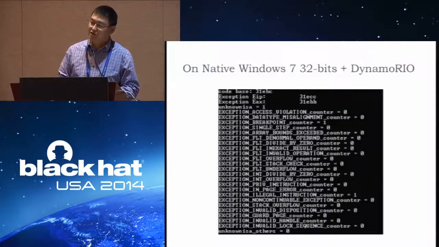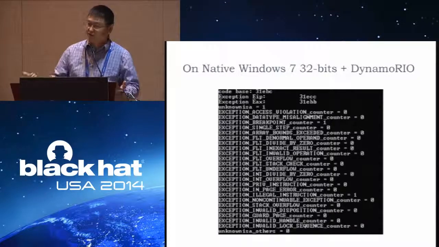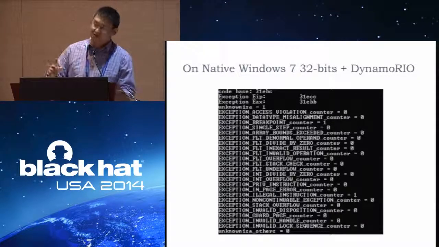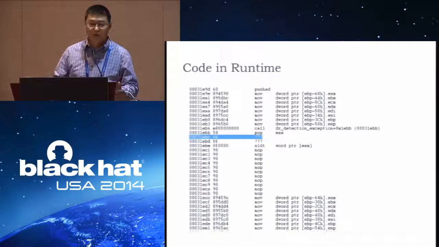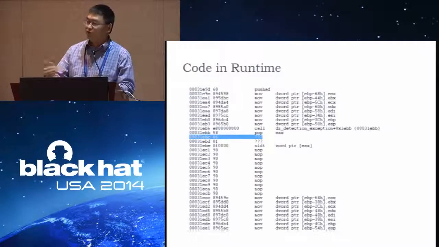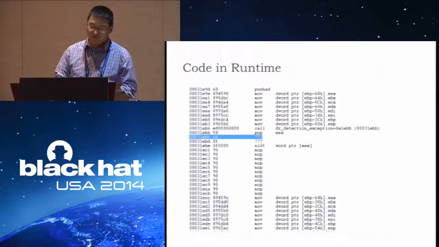But if you run this code with DynamoRIO, you will see a different result. Here you see the EIP will be CC and the EAX will be BB. So the distance is definitely not 1. If you look at the code in memory, the BB still points to the pop EAX, but the CC points to a different instruction. So they didn't handle this case correctly.